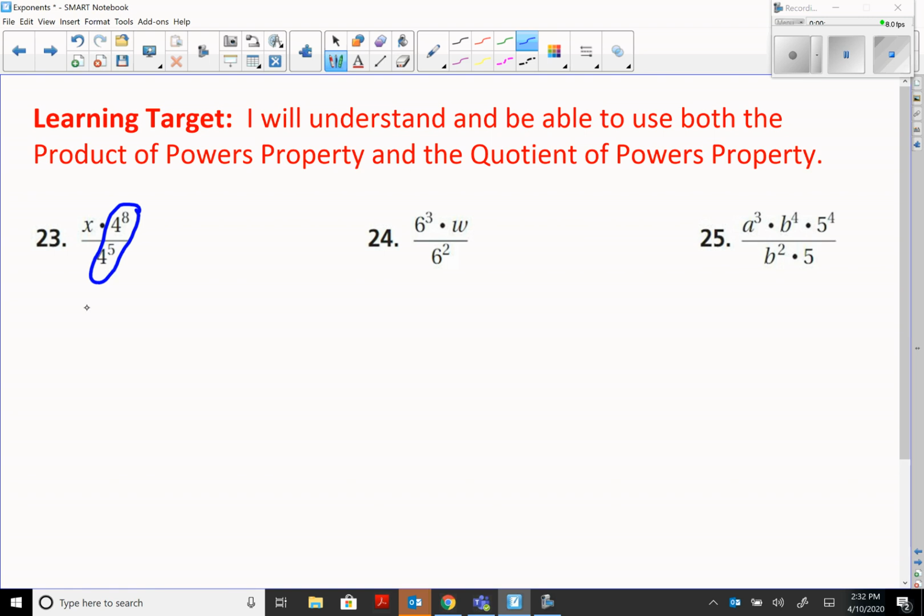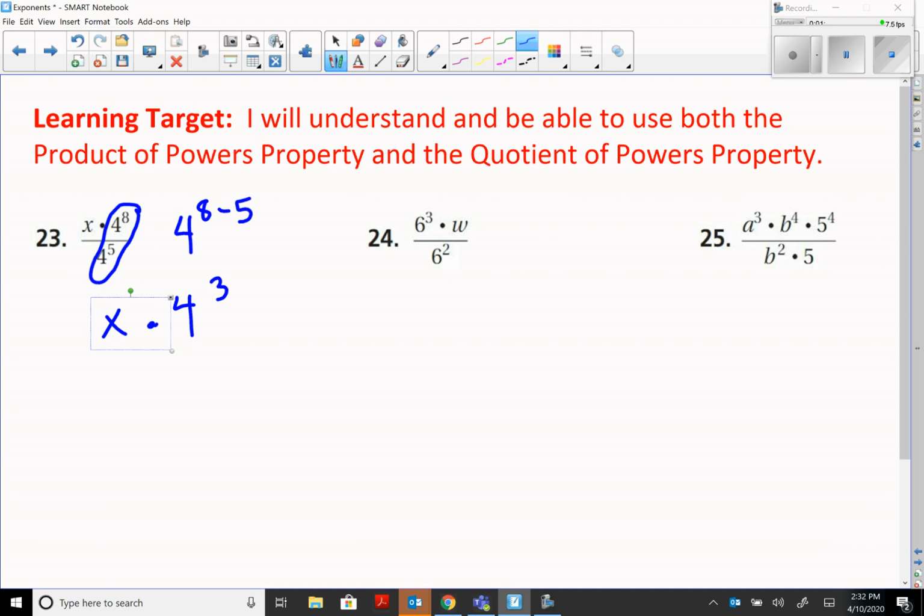So I can't do anything with that x, but I can subtract 4 to the 8th power and then subtract the 5. So that would be 3. So it would be x times 4 to the 3rd power.